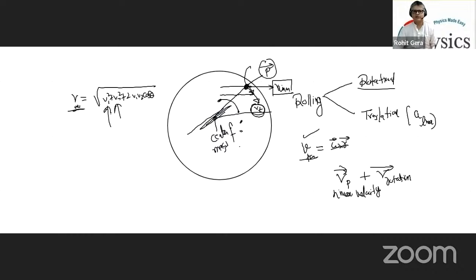So that rotational acceleration which comes into the picture is R alpha, and the linear acceleration is what it is generally. The linear acceleration is generally tangential in nature, like velocity. It is given by this, and sorry, this is the linear acceleration. So you can again add the linear plus the rotational acceleration coming due to angular acceleration.